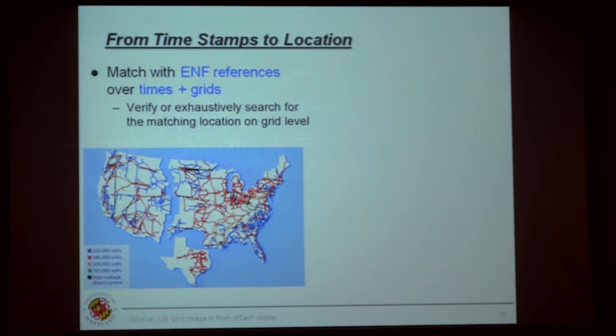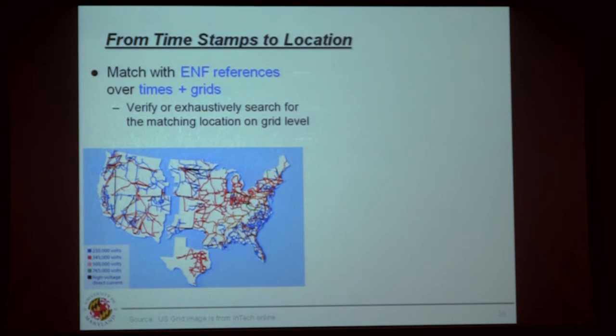What we have seen so far will help us localize to an area, because the variations are tied with a power grid. If we have distinct grids, in the US we have three major grid systems: the US East, which is a very big area, and the US West. And guess what? Texas is always special.